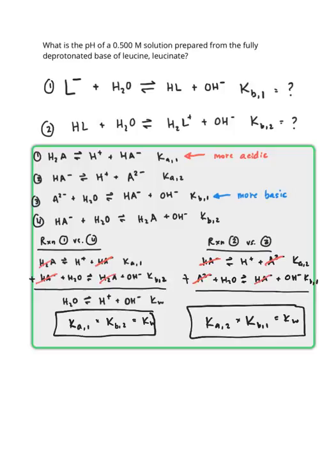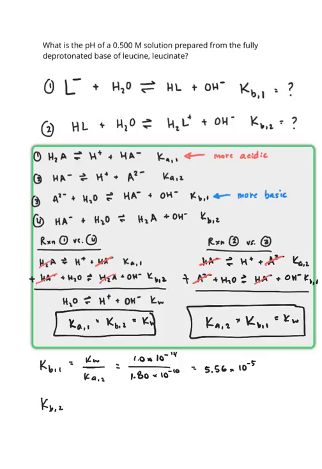With that aside, we can solve for the Kb1 and Kb2 of our base leucinate up above. Kb1 must be equal to Kw over Ka2: 1 times 10 to the minus 14, over our Ka2 value, which was 1.8 times 10 to the minus 10, which is 5.56 times 10 to the minus 5.